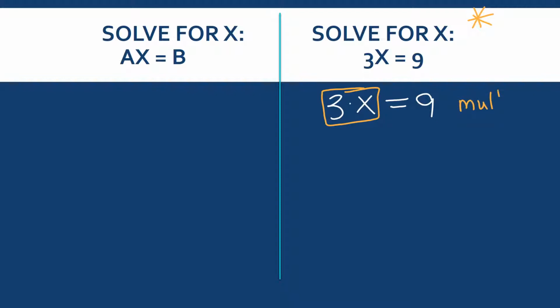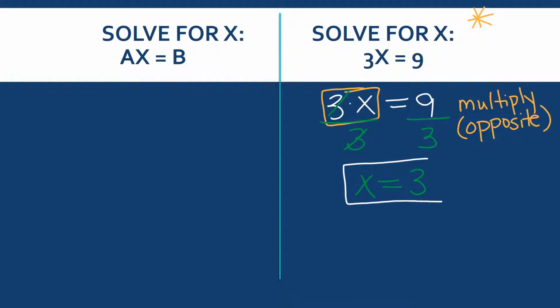If we want to get x by itself, we always do the opposite, which for multiplication is division. So we're going to divide both sides by the 3. 3 divided by 3 cancels, and we're left with x equals 9 divided by 3, which is 3. So our answer is x equals 3. We've done this before.